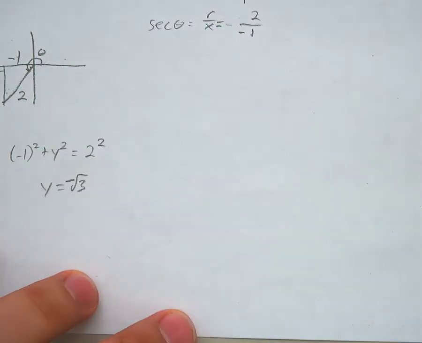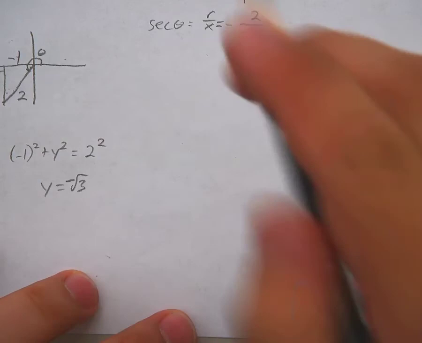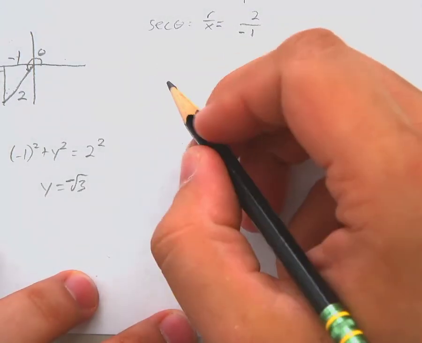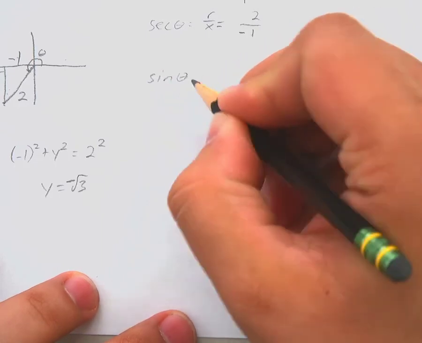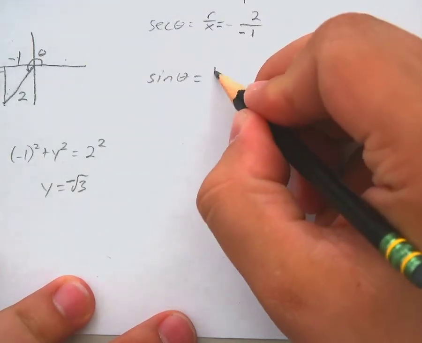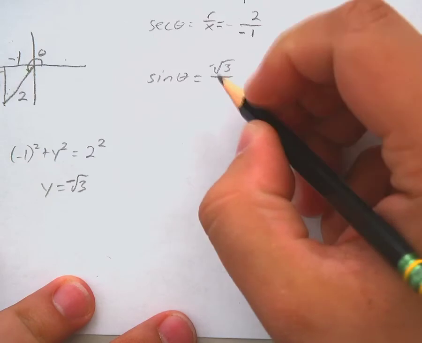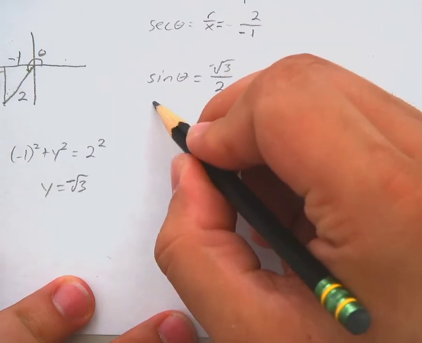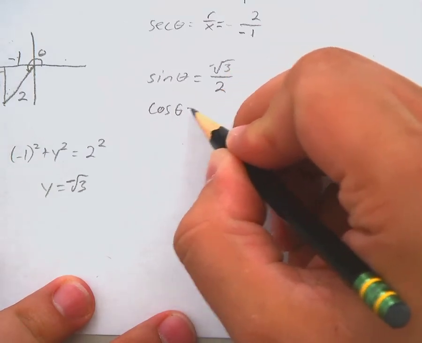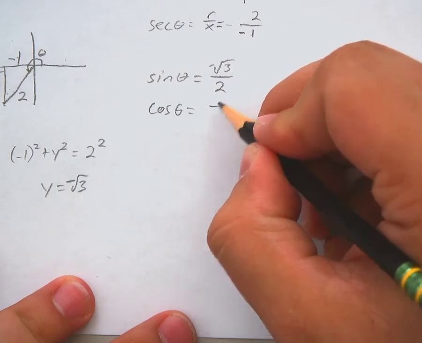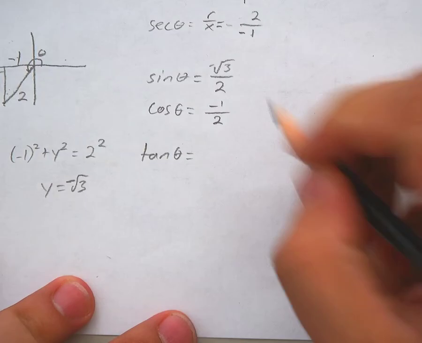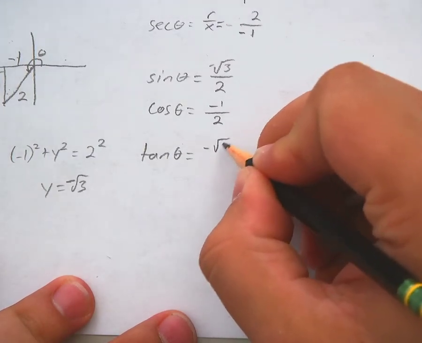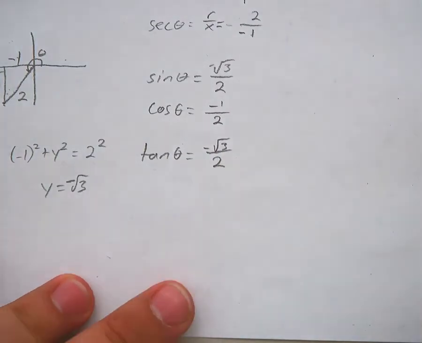Alright, let's set this thing up. Alright, awesome. Setting this thing up, what do we need? We need sine theta is y over r. Cosine of theta is x over r. Tan theta is y over x.